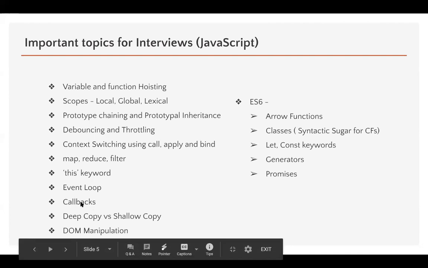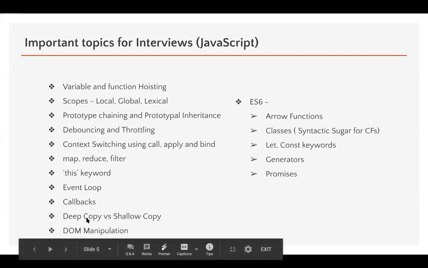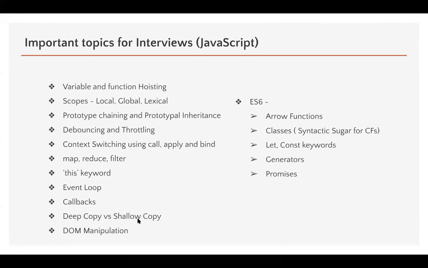You have to work upon these also. Deep copy and shallow copy. It's again a very important interview question. It was also asked by Facebook to a couple of friends of mine. Even the name suggests that you have to copy something deeply and copy something shallow.